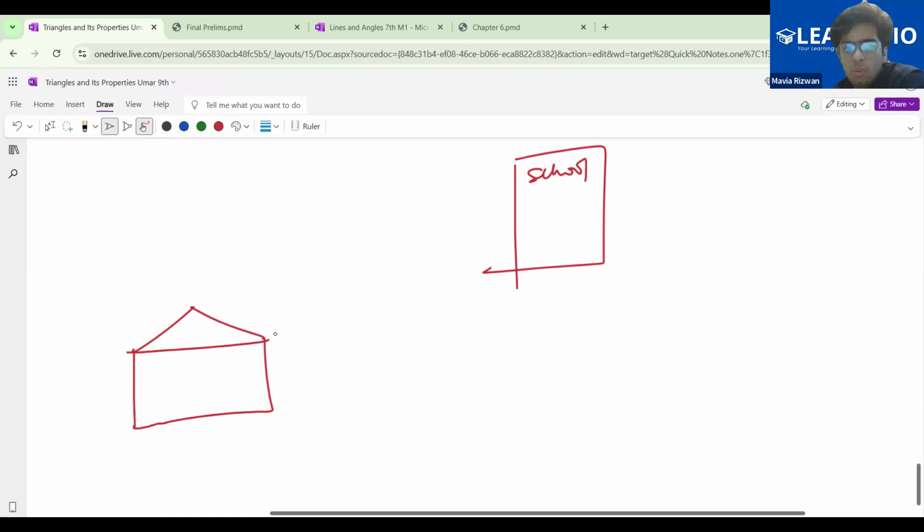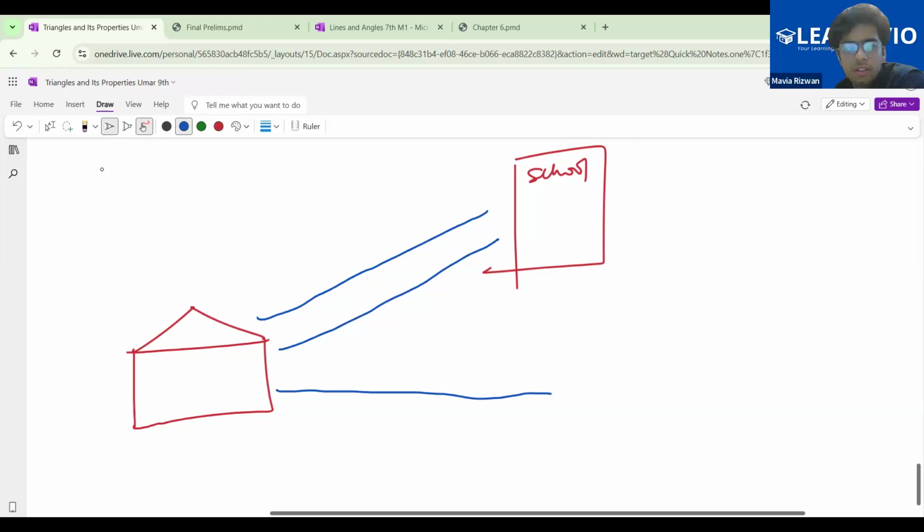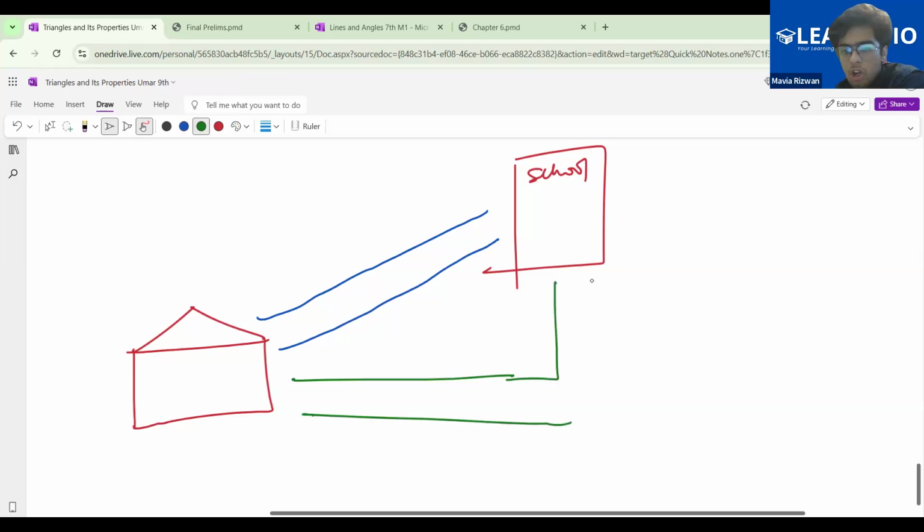Now, Umar, let's say there are two ways. First is directly to the school. The other is first you go like this, then go like this. Umar, which way will you choose?